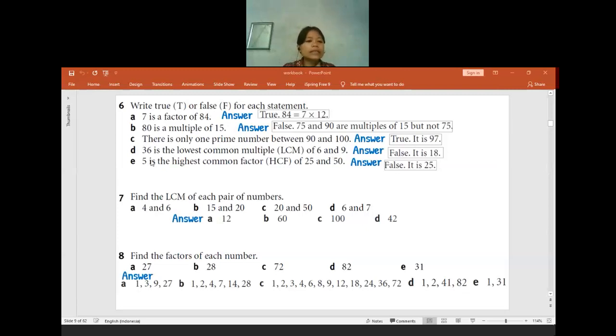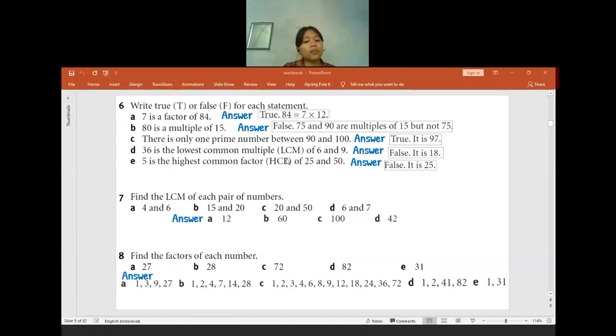For question D, 36 is the lowest common multiple of 6 and 9. The answer is false, because the lowest common multiple is 18. 36 is only a common multiple, not the lowest common multiple. For question E, 5 is the highest common factor.